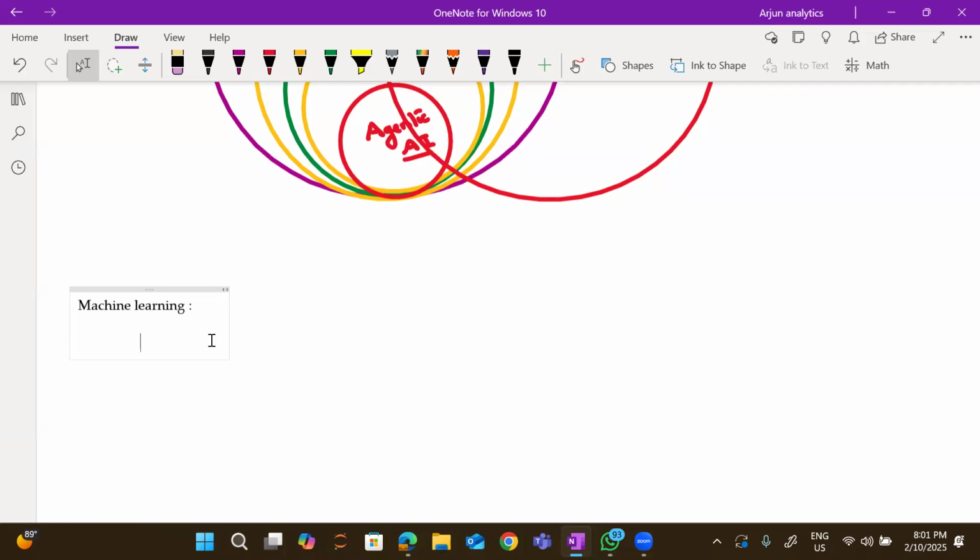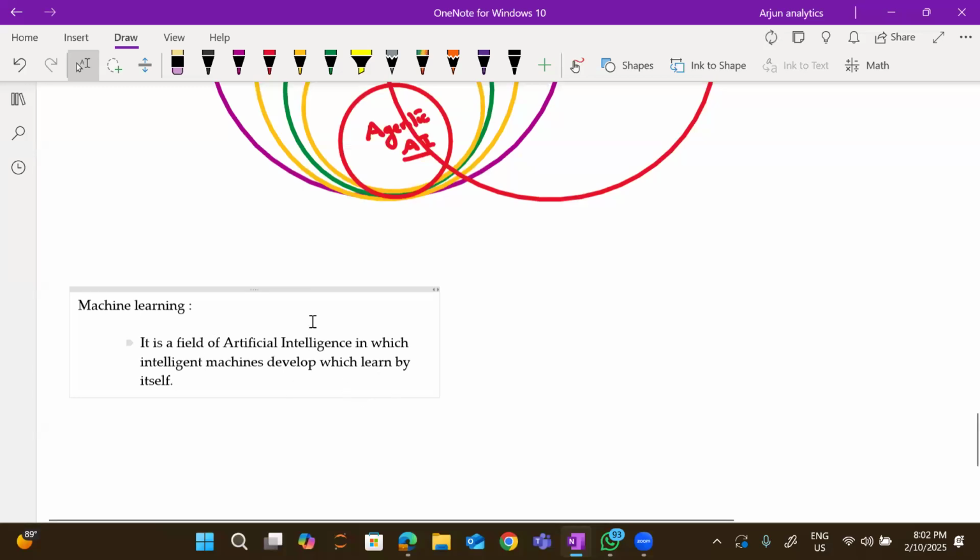These intelligent machines can learn by itself.